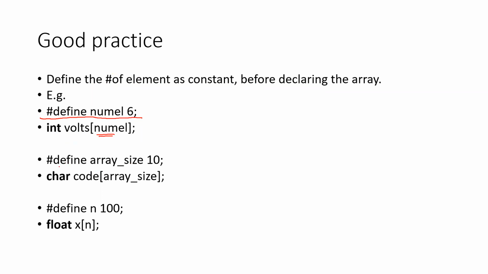And then I can use also the same thing for character and for float. Then I can just say array size, declare as a constant, and then I put it into right here. Sebab apa saya letak, this is a good practice.